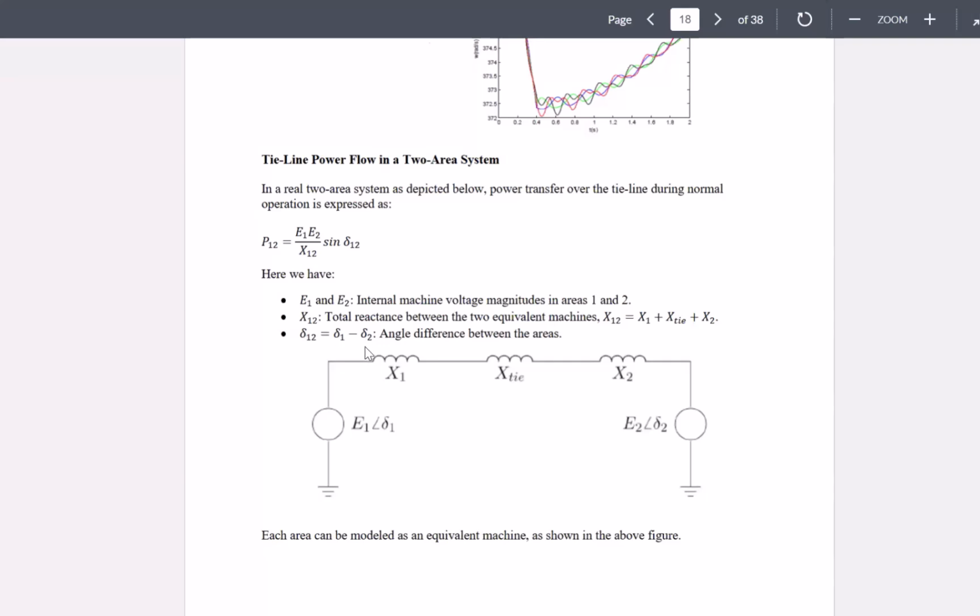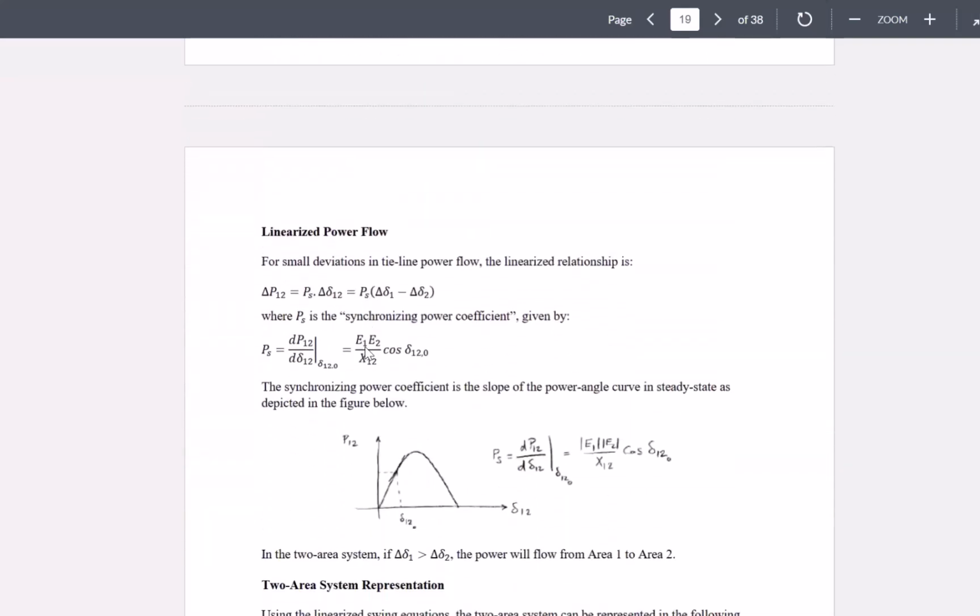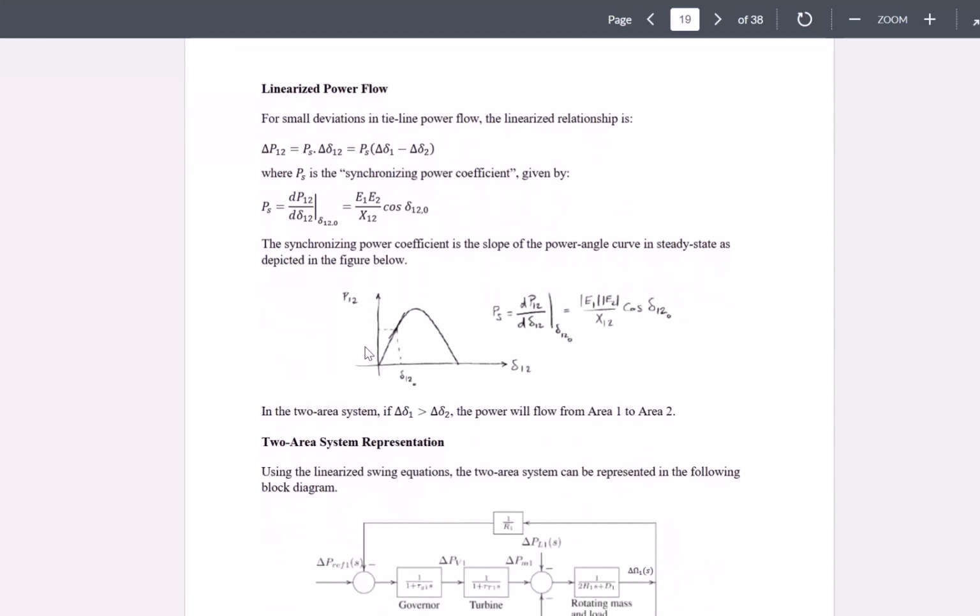Keep that in mind. And using that, when you come up with, again, a linearized power flow, if you linearize the system, delta P1,2 can be associated with PS times delta 1,2, where delta 1,2 would be delta 1 minus delta 2. And this PS is called the synchronizing power coefficient, which we talked about in the previous session also.